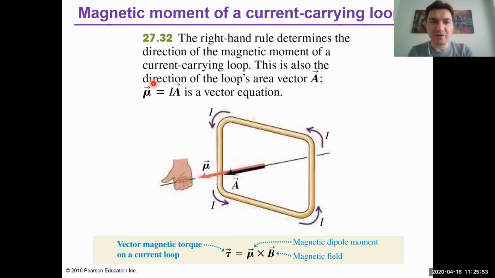A is the direction of the loop's area vector. In many problems the direction of the current is given, so you can easily calculate the direction of mu. And if the direction of B is also given, then you can calculate the direction of the torque.